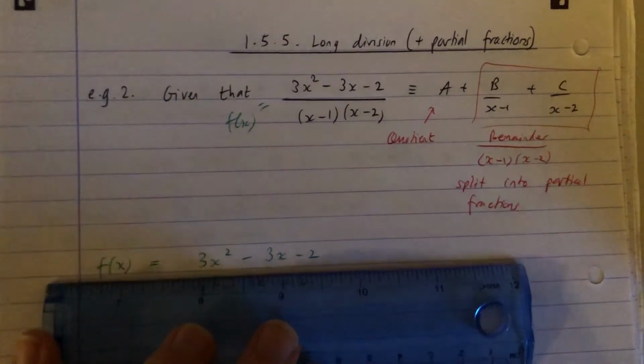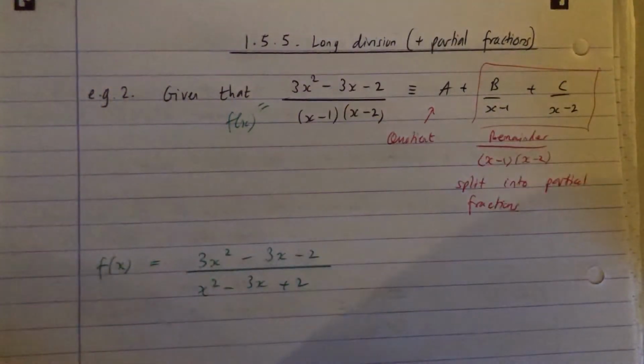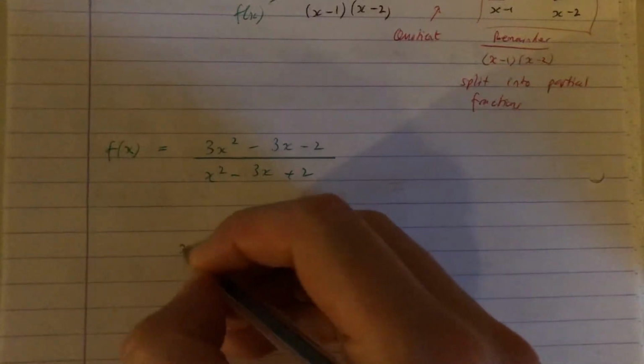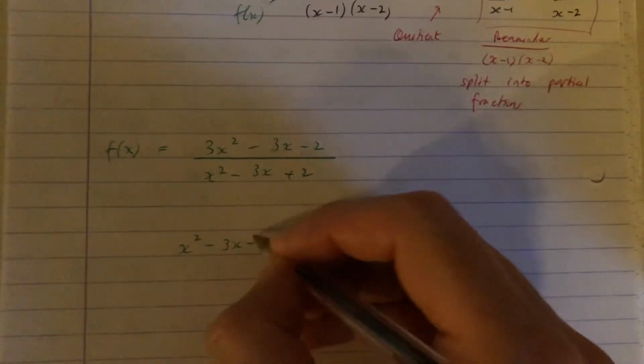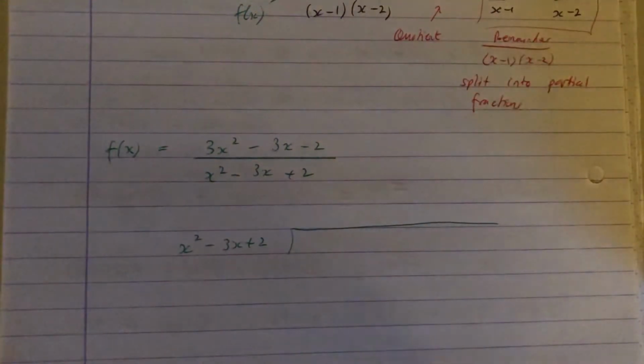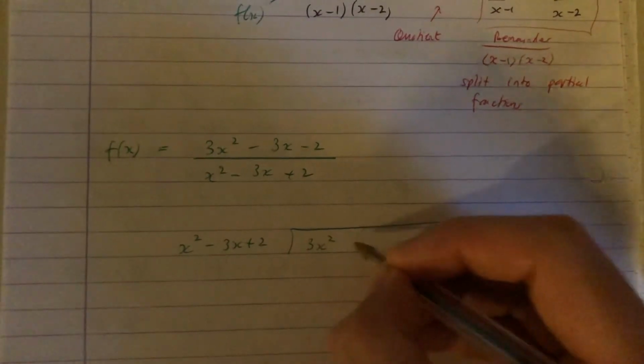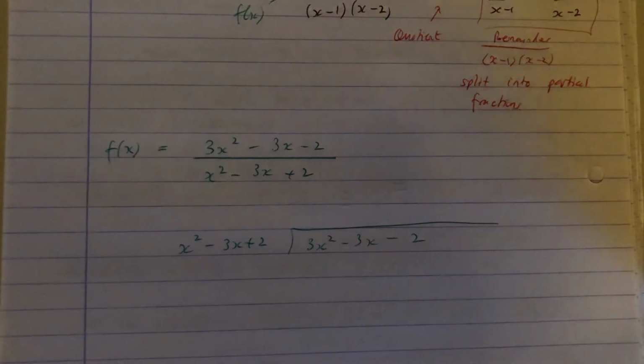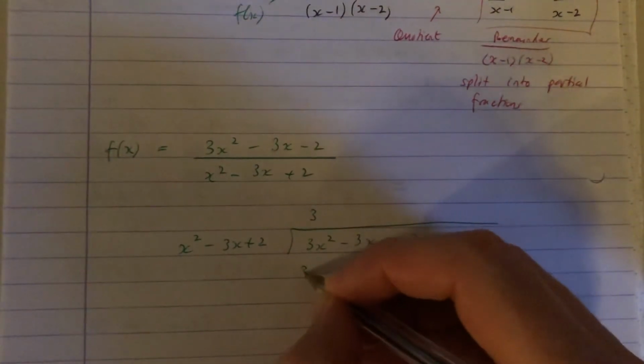Okay, now make sure I lay out the long division correctly. So x squared minus 3x plus 2 goes on the outside. 3x squared subtract 3x minus 2 on the inside. And again, remove the first column. That's the only thing you can do by timesing by 3.